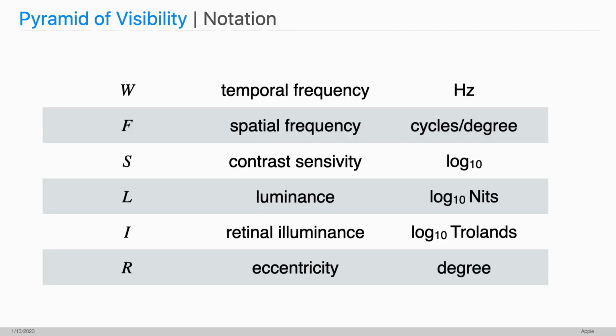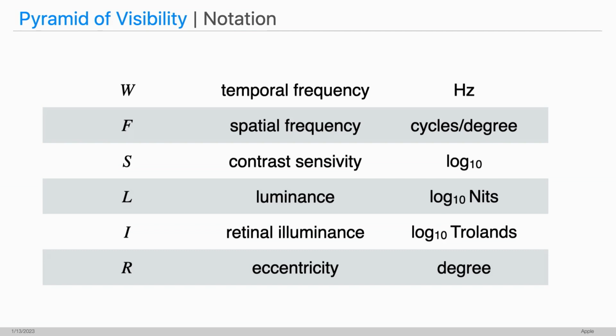Now, if we do that, we can do that in all these dimensions that I've discussed, and we'll see what we find. But before we do that, I want to introduce some notation that I'm going to try and use very consistently. We have temporal frequency in hertz. We have spatial frequency in cycles per degree. That's the number of oscillations per degree of visual angle. And then we have contrast sensitivity, which I'm going to express as a log to the base 10.